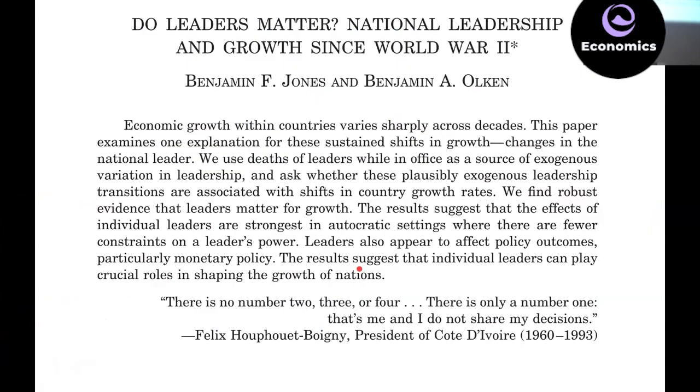More recently, two economists, I think Benjamin Jones from UC Berkeley and Ben Olken from MIT, had a really innovative idea. And this illustrates how people use observational data and try to figure out, as best as they can, a causal relationship really well.